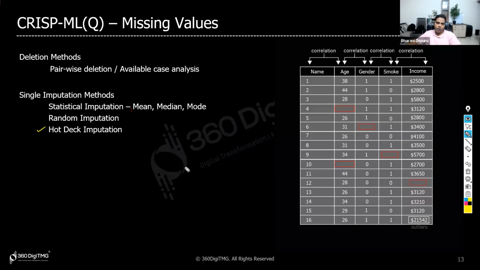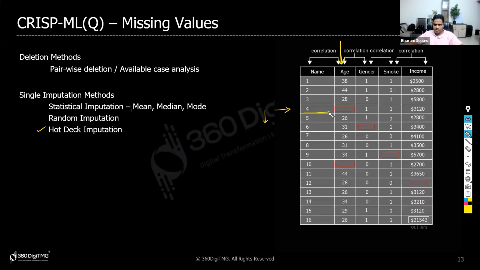What do you do as part of hot deck imputation? So in hot deck imputation, if there is a value which is missing here, it would traverse from here in the downward direction, and it would try to find an exact match.